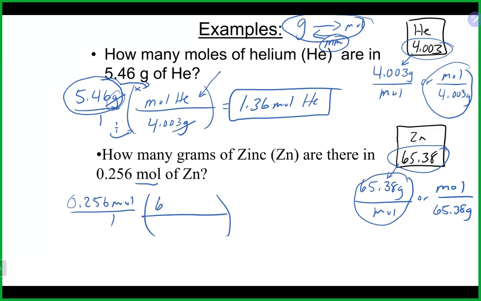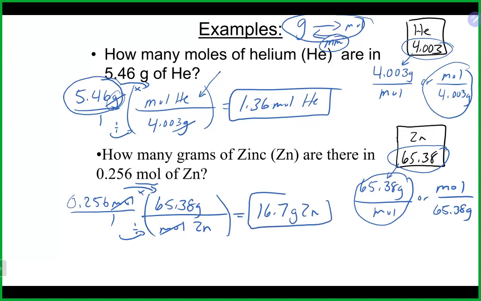So we're going to go 65.38 grams per mole of zinc. Once again, always multiply the top and divide the bottom. Here, the moles will cancel. In this case, we're going to go 0.256 times 65.38. That's going to give us 16.7 grams of zinc in this particular case. Same idea here. Yeah.